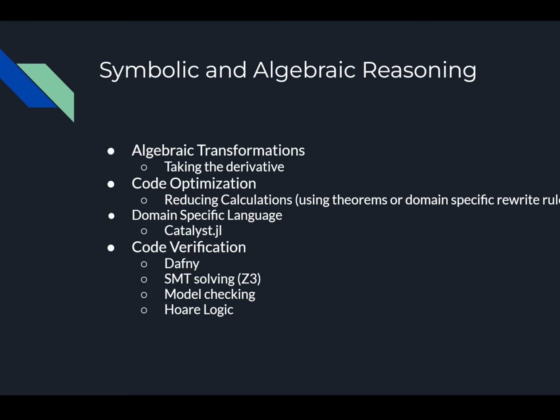For instance, we might want a program to take the derivative of an expression, and instead of treating them like programs usually do, like bytes, and then using the CPU's implementation of adding two bytes together, we treat them as symbols.